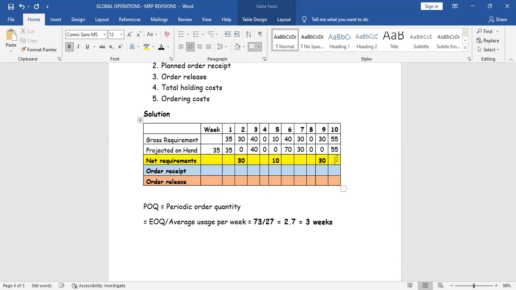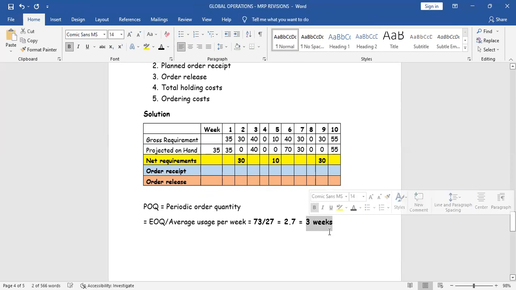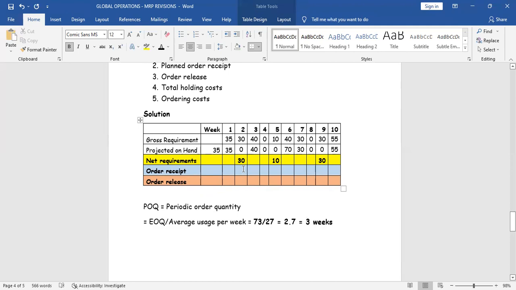But remember, this is periodic order quantity, so we need to order inventory sufficient to cover for 3 weeks. So if we are ordering here in week 2, we need to cover orders for 3 weeks, meaning week 2 itself, week 3, and week 4.